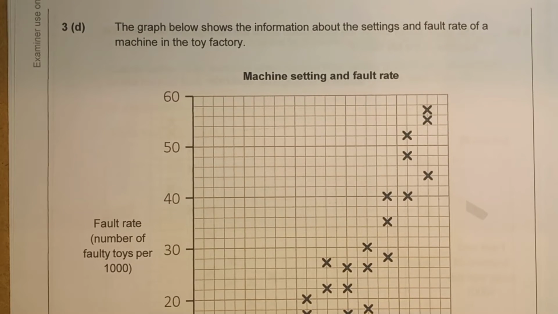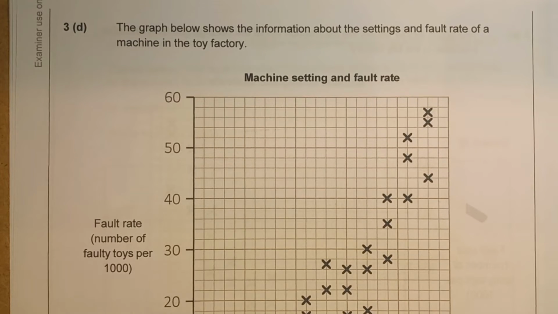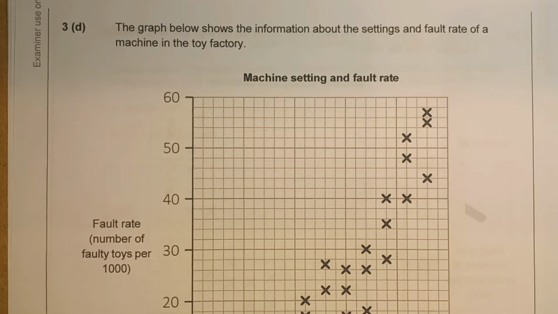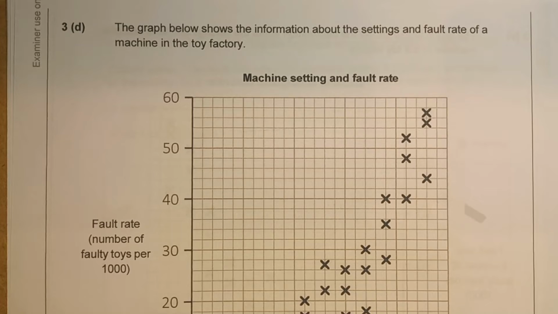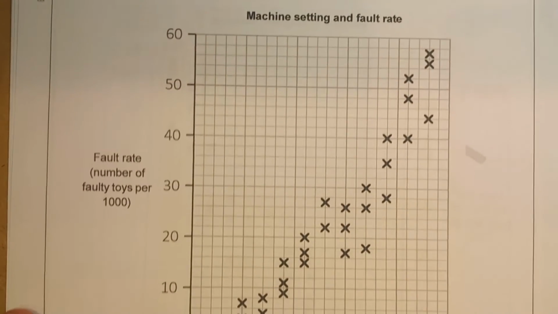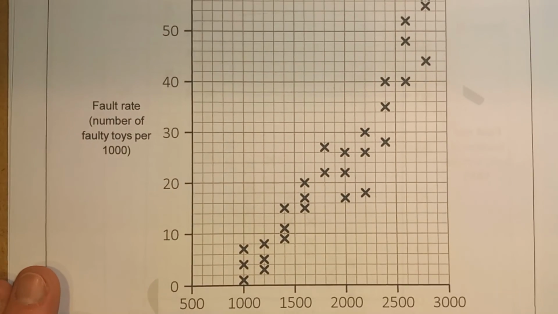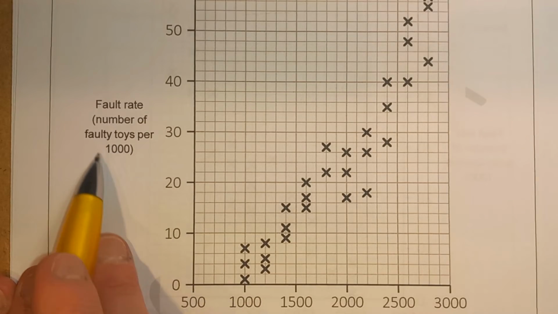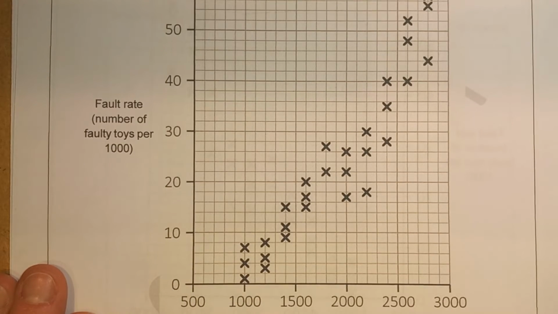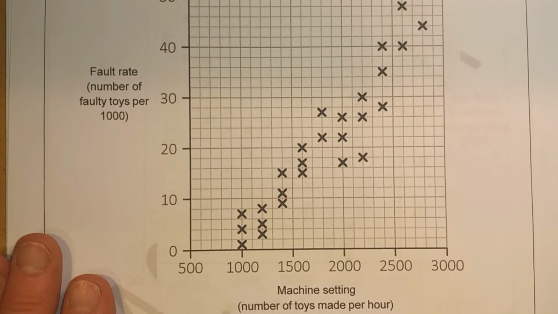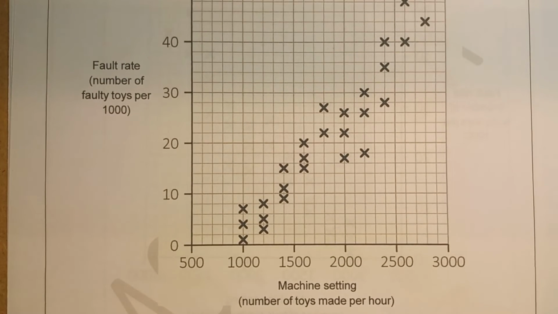(3D). The graph below shows the information about the settings and fault rate of a machine in the toy factory. Okay, so let's have a look at this. We've got the fault rate, number of faulty toys per 1,000, and we've got the machine setting, which is number of toys made per hour.